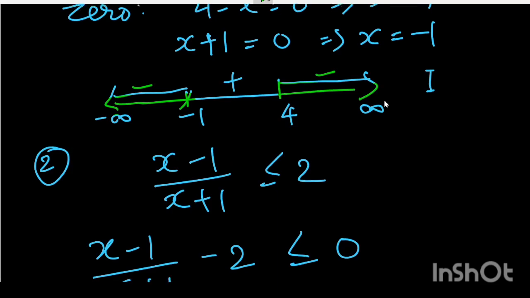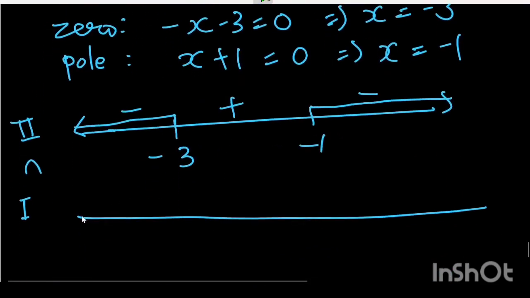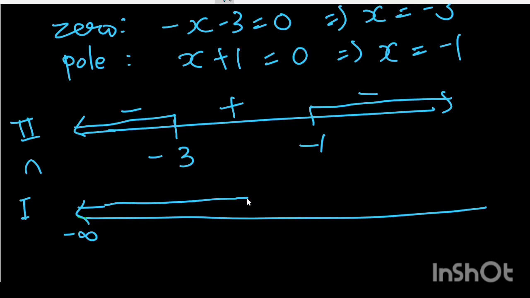So that we will plot here, minus infinity to minus 1. It is bigger than minus 3, so it would be on the right of minus 3, and 4 to infinity. So 4 would be bigger than minus 1.